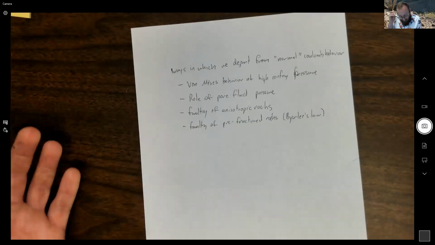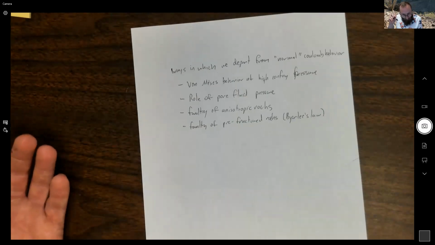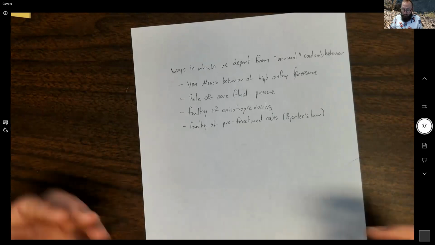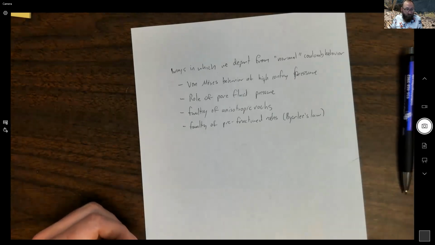Okay, so up to now, ideal Coulomb behavior, that was the strength it took to fault a rock, to form a fault. We're going to see in a lot of ways we depart from this ideal behavior.